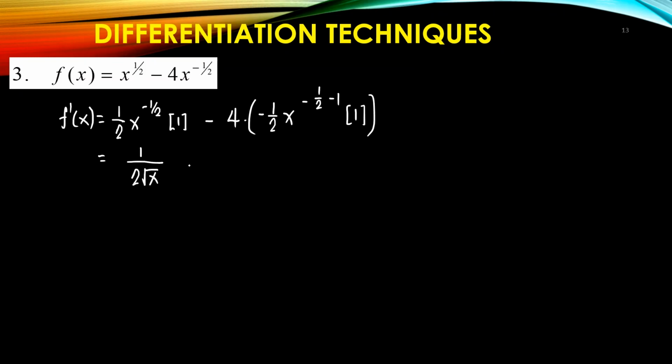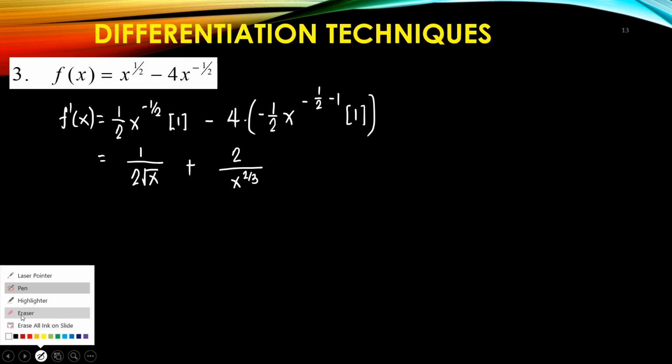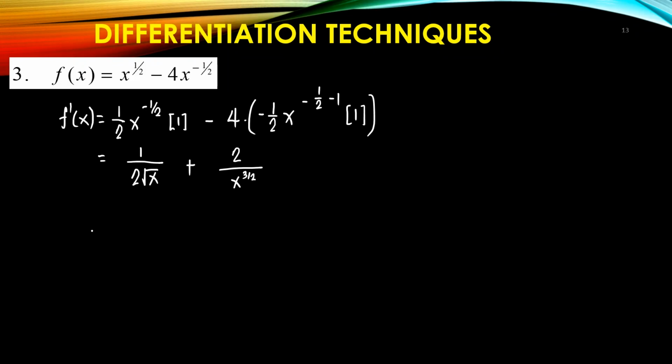2 square root of x, minus and minus, so that becomes plus. So that becomes 2 over x to the 3/2, sorry. 3/2, right? So some might ask, sir, do we need to fix this to be like this?